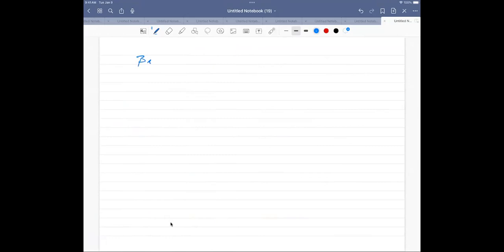I get a beta of I plus 1 is equal to a beta of I minus a gamma of I times my gradient, g of beta of I. And this contains a new parameter, which I call delta, which is just beta of I minus the previous value, beta of I minus 1.